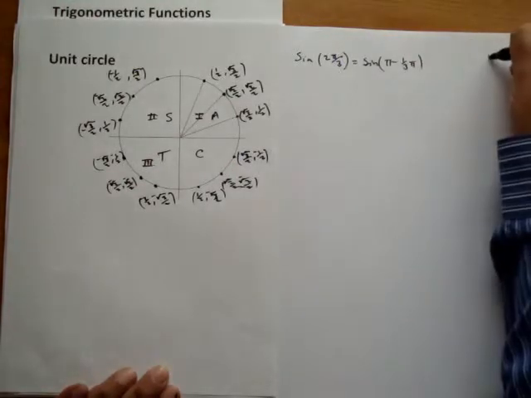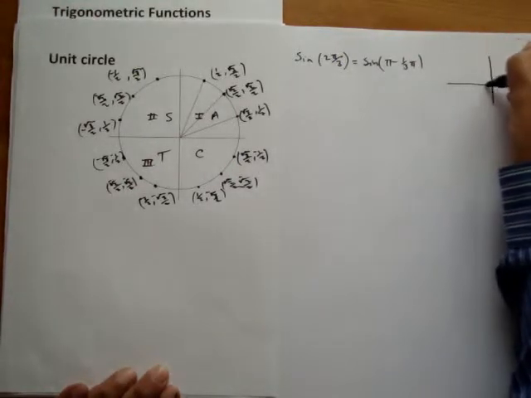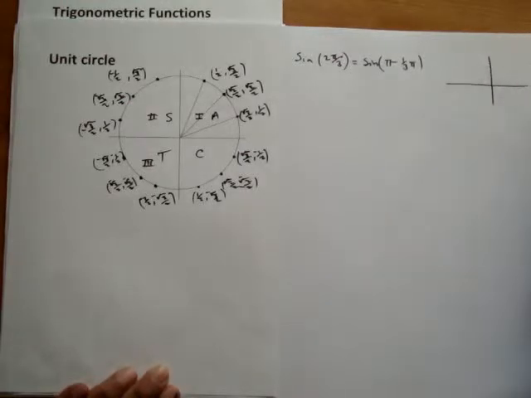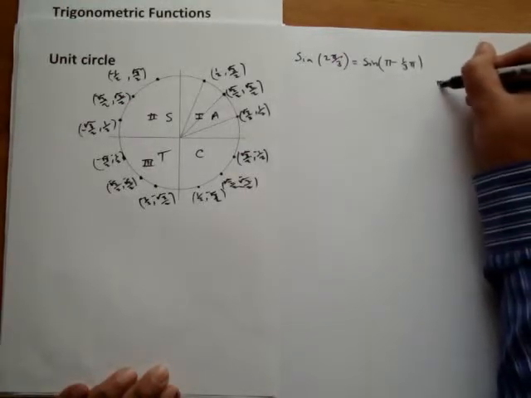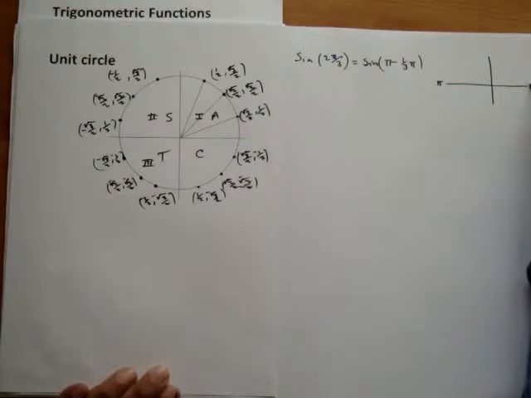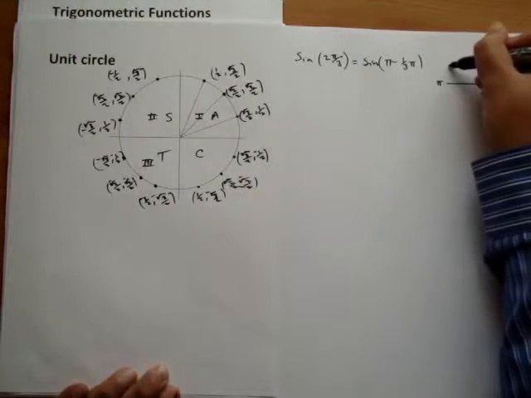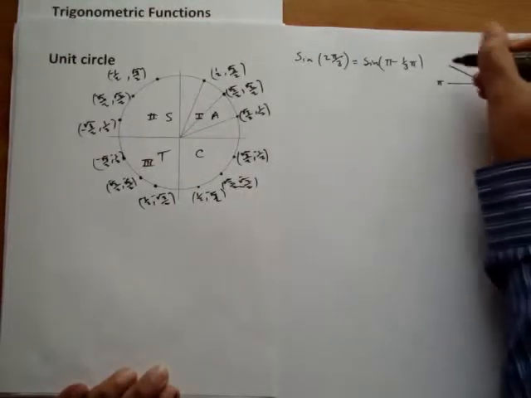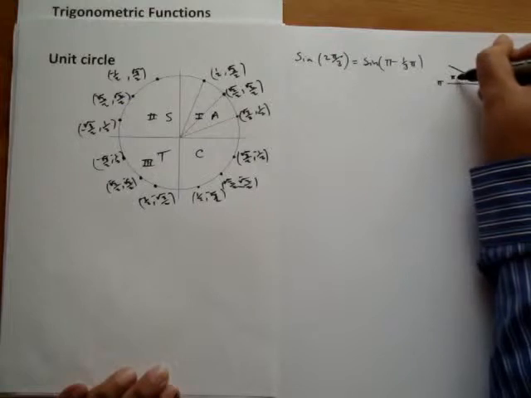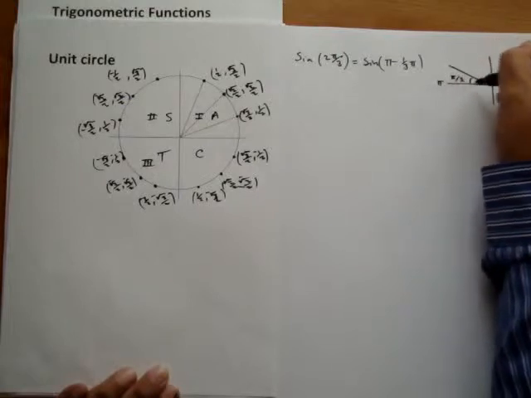So if we draw our quadrant diagram, it would be pi is here, this is 0 degrees, pi over 3, or a third pi rather, would be here, or pi over 3, whichever you prefer.